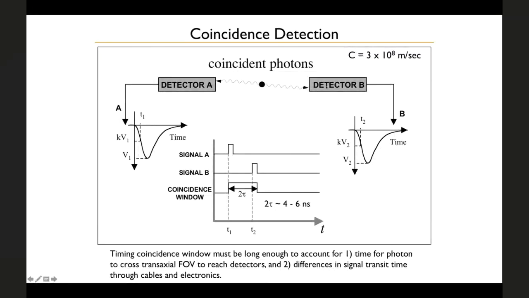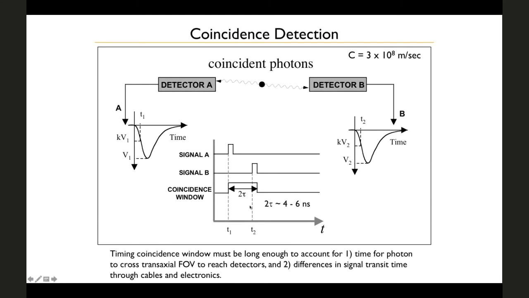Say it ended up in detector B, which has a similar sort of threshold. Now we look in the window after the first event happened to see whether there were events in other detectors which could be potential coincidence events.